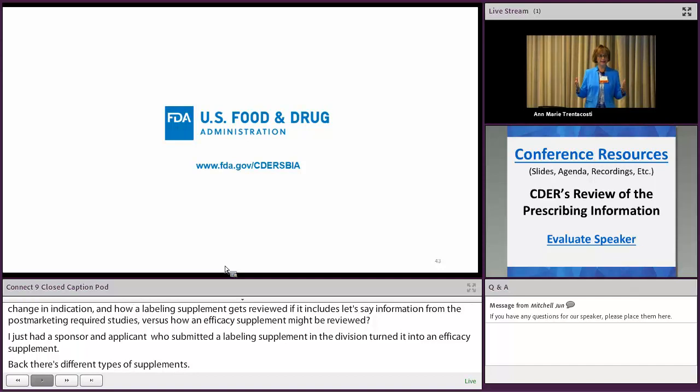In the past, before PDUFA 6, that meant something as far as fees. Now, after PDUFA 6, that is not an issue. But for our purposes, it's about knowing what type of supplement it is and getting the right people at the table for the supplement, and that's really the difference.